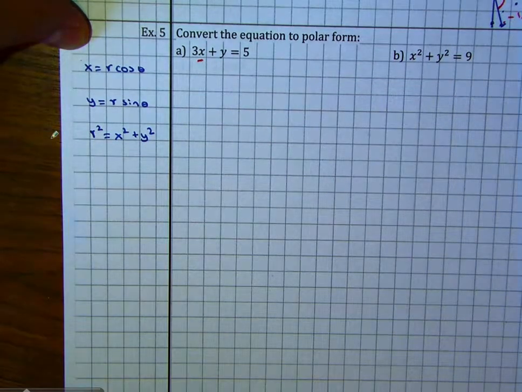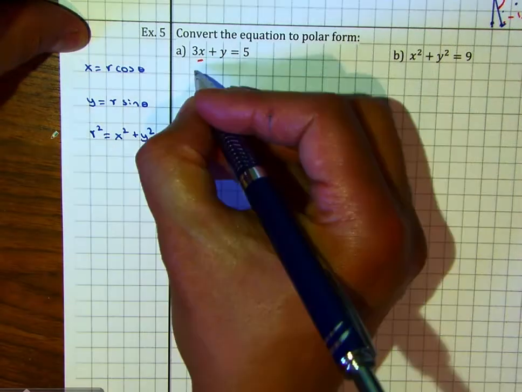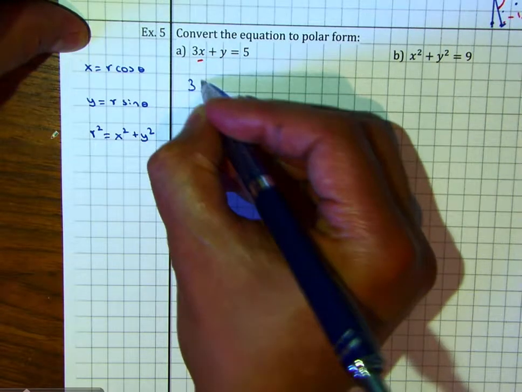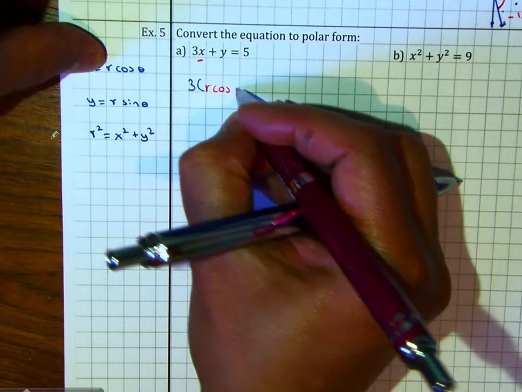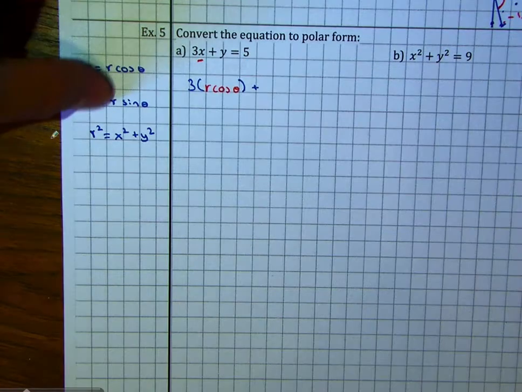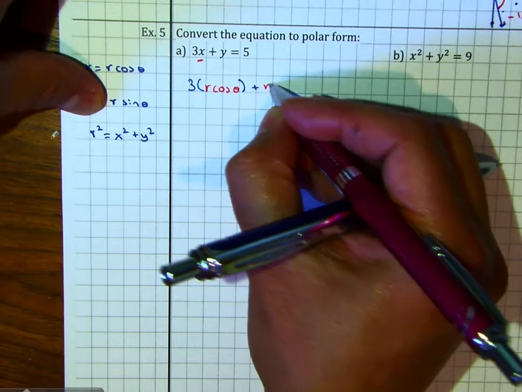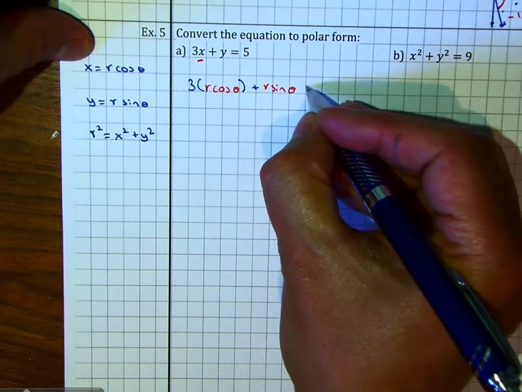So those are the three that we are going to use. So therefore, I want to replace my x with, correct, r cosine of theta. And we're going to replace my y with r sine of theta equals 5.